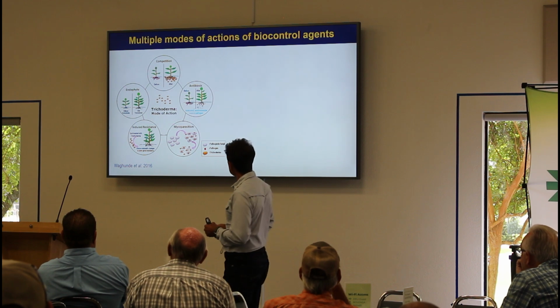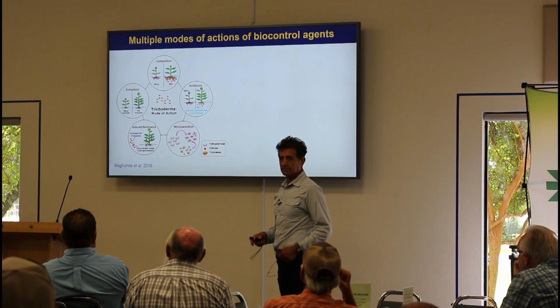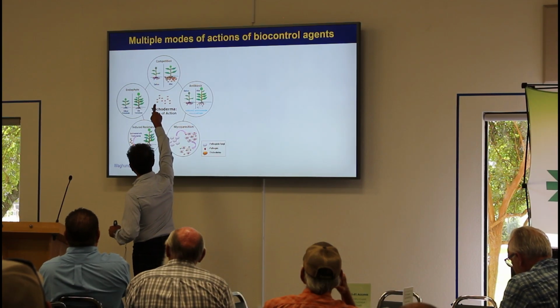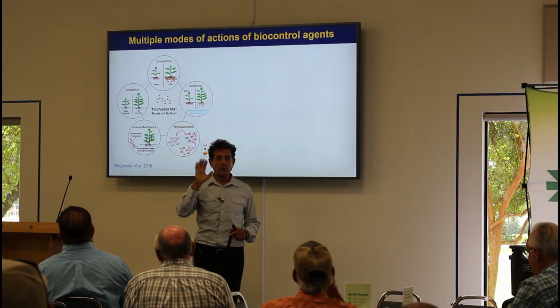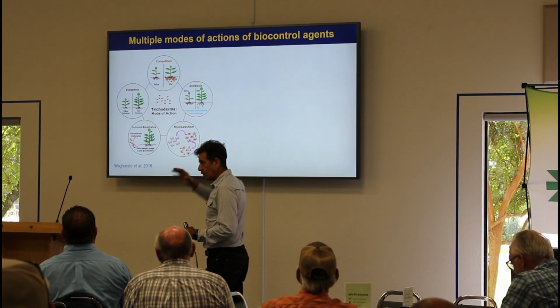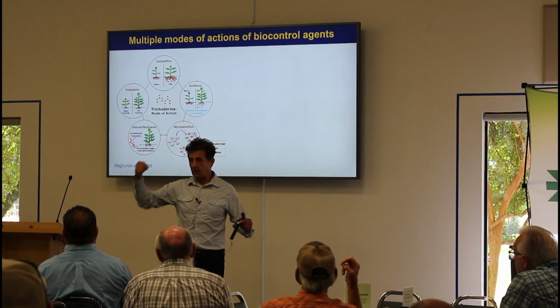Competition. They also have endophyte, antibiosis, and so on. Keep in mind, that's one of them. It looks like they have 5 different modes of action, which means the work of these beneficials is more than one punch.